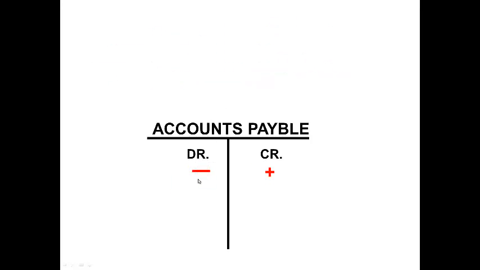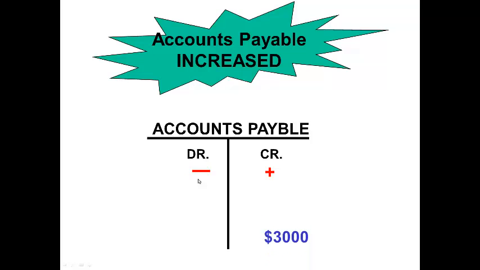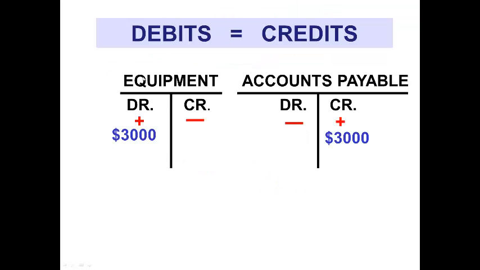Accounts payable was increased as well. And remember, liabilities, accounts payable, is one of the three accounts increased with a credit. It's a liability. So we enter the $3,000 on the credit side. So we have a debit to equipment and a credit to accounts payable.